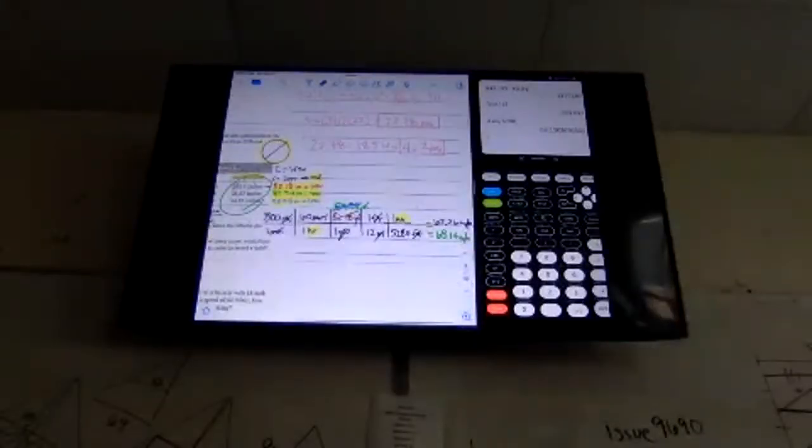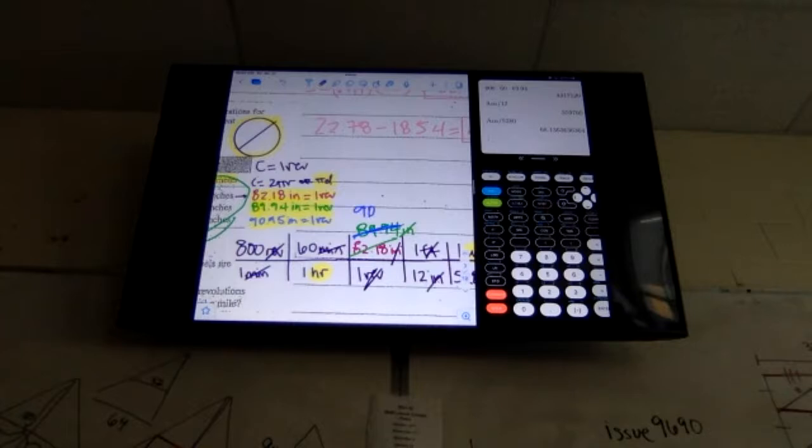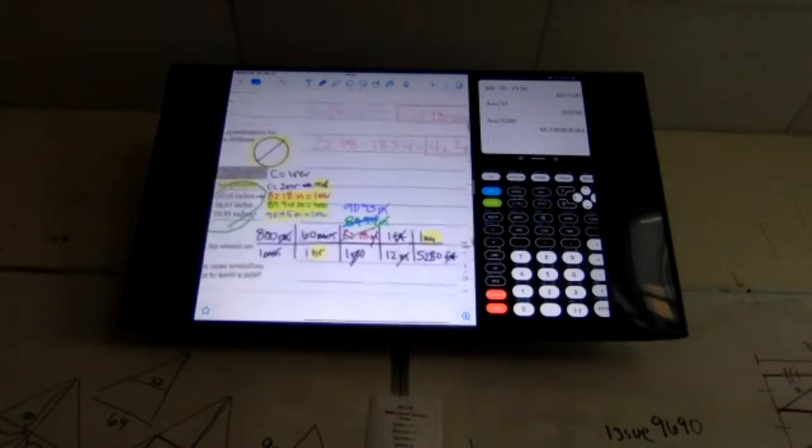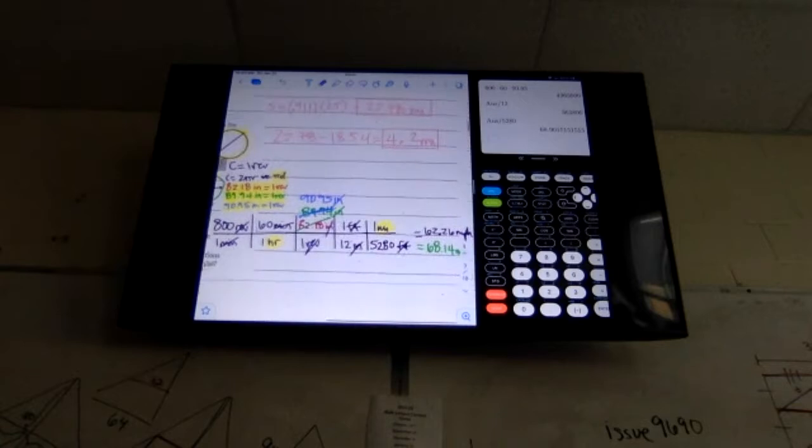The only thing you're changing is the inches per rev. So I did the pink one, I did the green one, and now I'm about to do the purple one, 90.95 inches. The Dodge, I got 68.14.